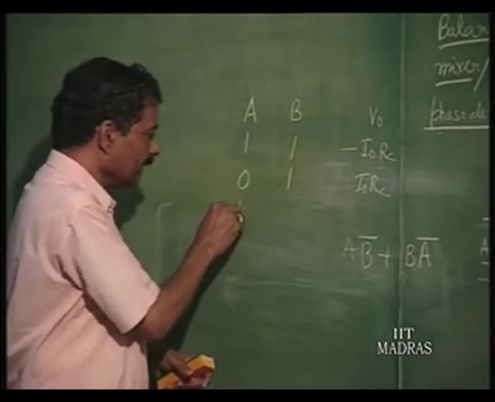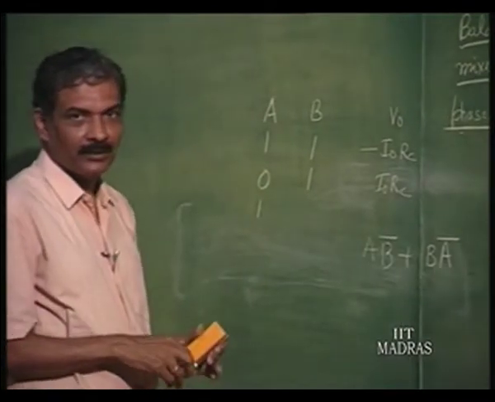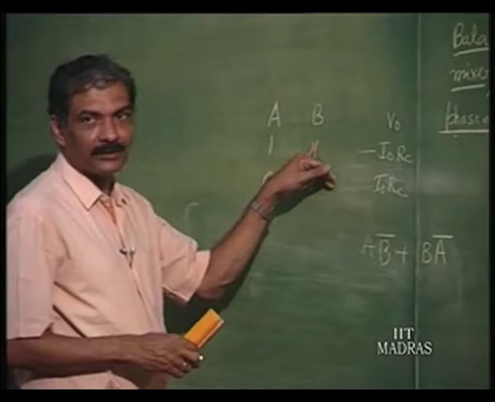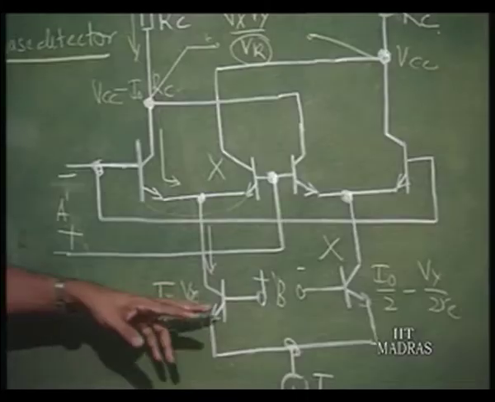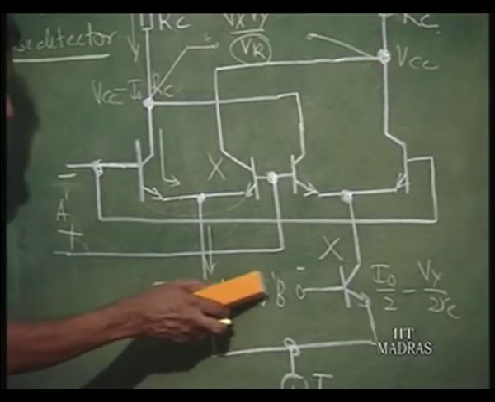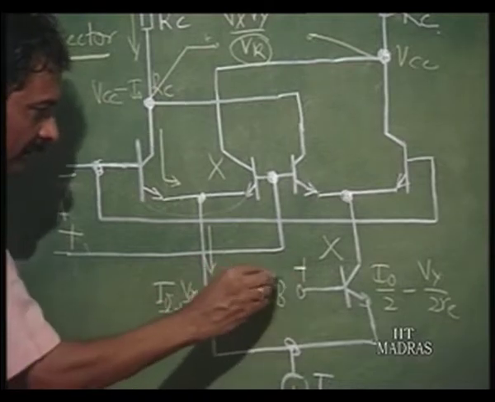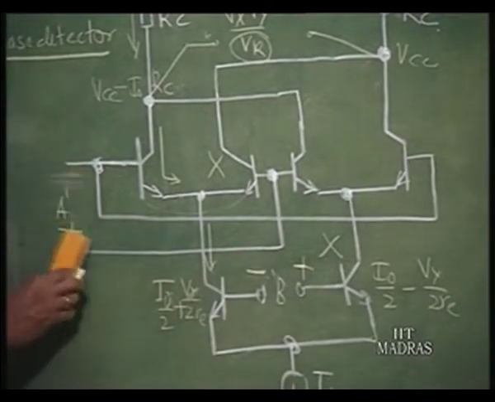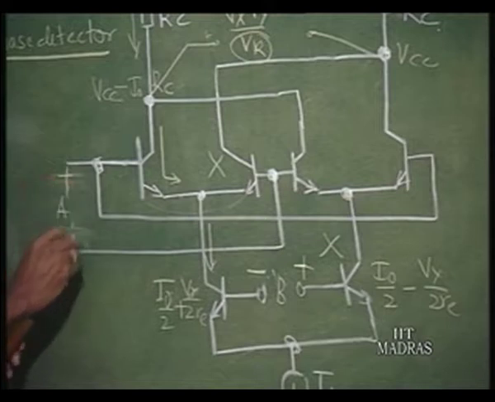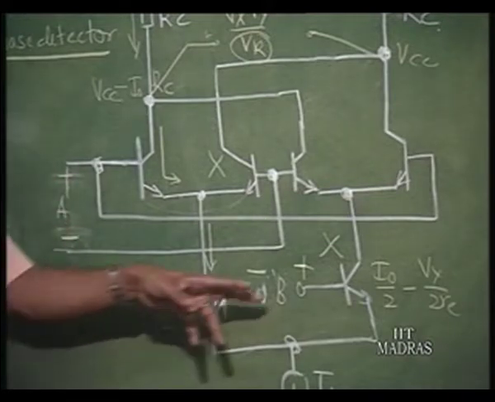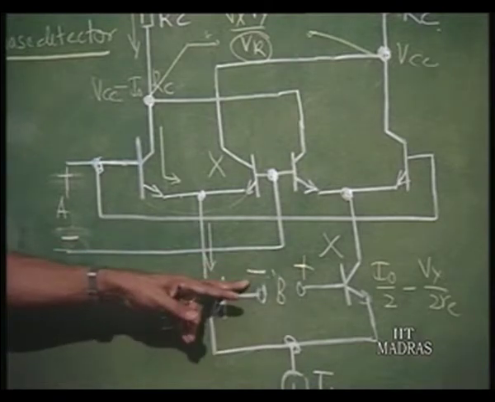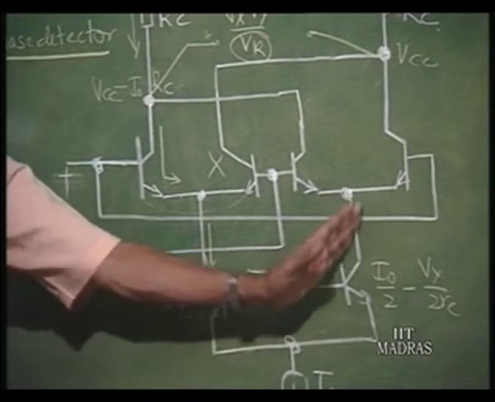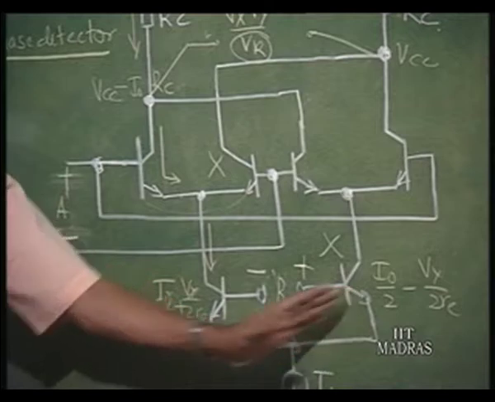Now, we will retain this as 1 and this is going to be changed to 0. So, this is going to be plus and this is going to be minus. This is the state. So, when this is plus, this is minus, current is going to this total I naught, right.